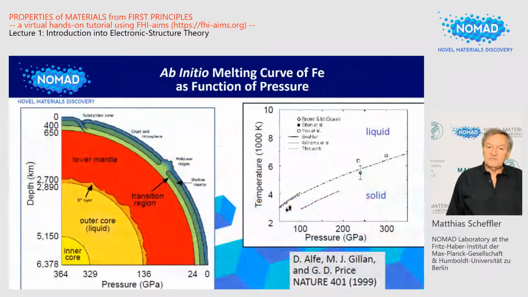Here is another example which demonstrates how density functional theory calculations can be used, how they can teach us about geology, about our Earth. That's information that we cannot get otherwise. Safe knowledge about the Earth only exists about the crust and the upper mantle.